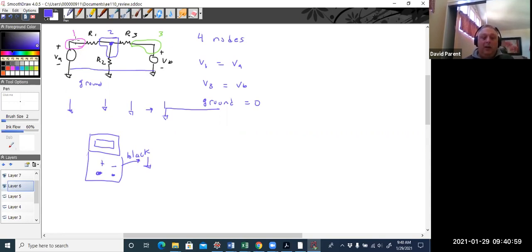If I put the plus wire on this node, I'm measuring from 1 to ground, that's VA. If I'm measuring here at node 2, I'm measuring from node 2 to ground, which coincidentally happens to be the same as R2. Now, if I'm measuring node 3, I put the positive end of the voltmeter here, negative end still here, and I'm measuring VB.